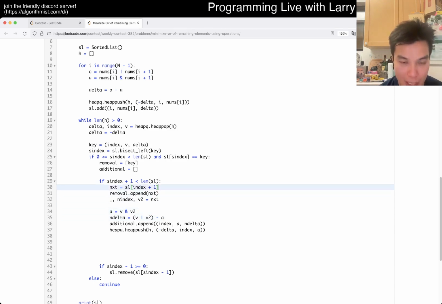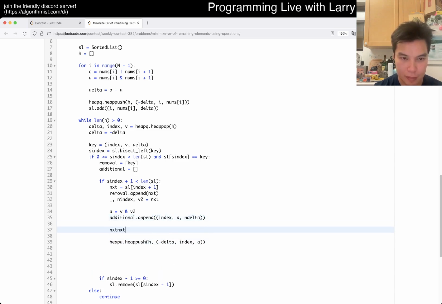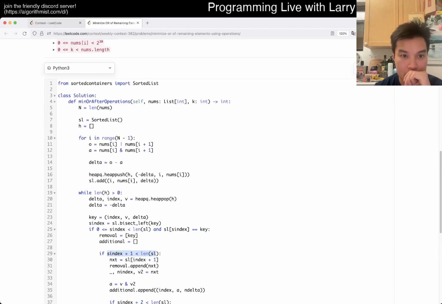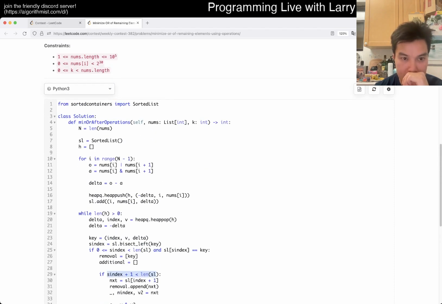Okay, so we have to remove this anyway, but we don't care about the value. Well, I guess we care about the value and that's the value, but that's not the new delta, because the new delta has to be the thing that's next. So okay, so we do have to add this as well. So this has to, oh wait, no. Because we only keep track of the deltas, we're missing one item on the sorted list.